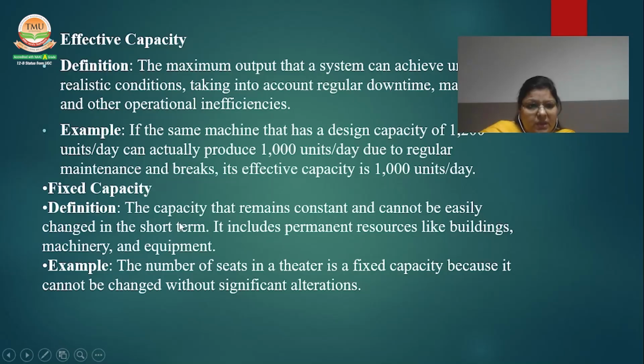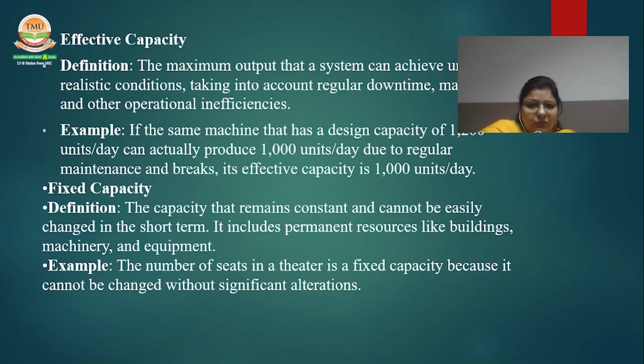Next is fixed capacity. Fixed capacity means the capacity that remains constant and cannot be easily changed in a short time. This is your fixed capacity. Suppose you have 10 machines fixed at a particular position, so you know that the capacity of these machines will remain constant.